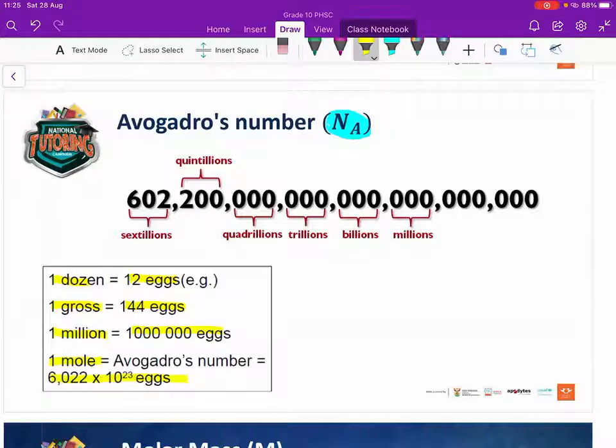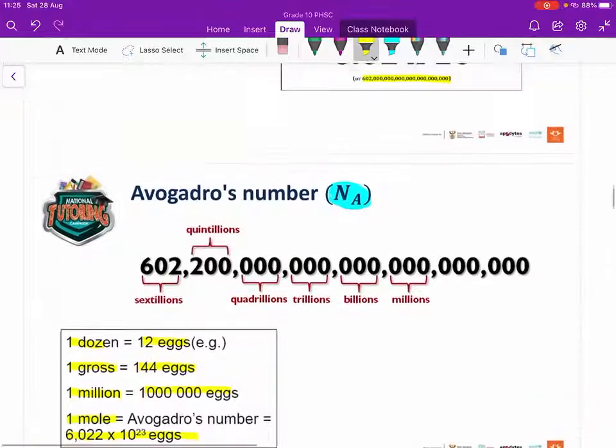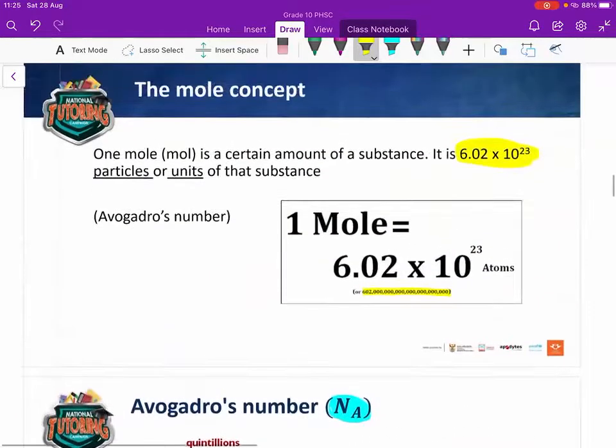So we're talking about a real lot of eggs. So that's a new concept. 1 mole is a certain amount of substance, and it means that there are 6,02 times 10 to the power of 23 things of that substance.